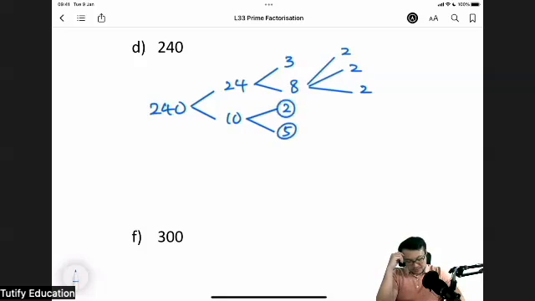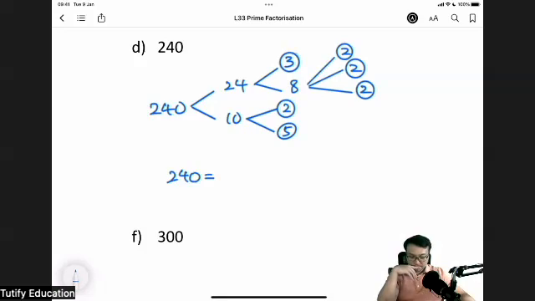So now we're going to circle all the prime numbers. And then we're going to say that 240 equals 3 times 2 times 5 times 2 times 2 times 2, arranged from smallest to biggest. And can you use power? I want you to use power. For example, 2 to the power of 2 equals 2 times 2. So 2 to the power of 4.